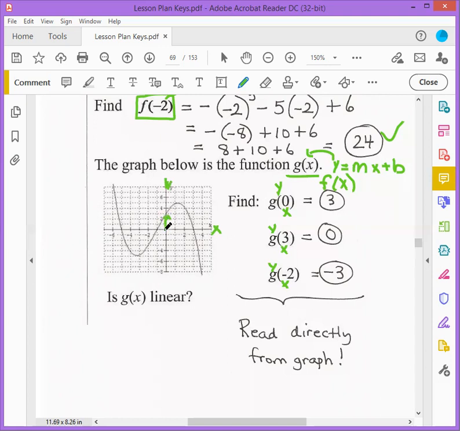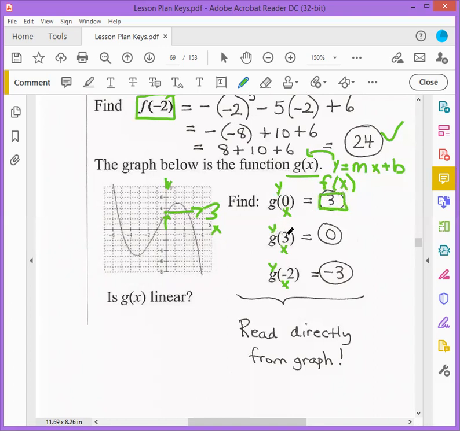The graph is up here touching the line right here at 3. It's a little bit above 2 and in between 2 and 4. So when x is 0, the y coordinate is 3. So the value of that function, g of 0, is going to be 3.